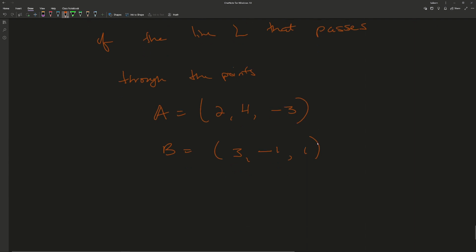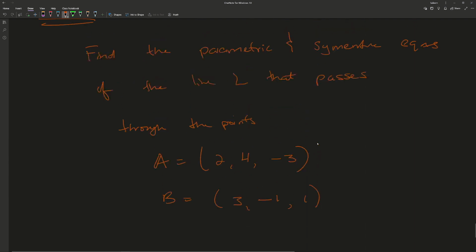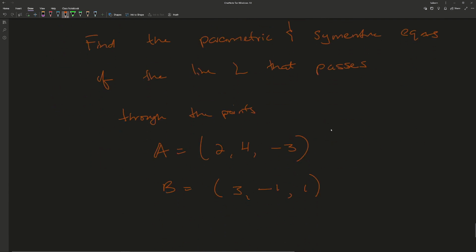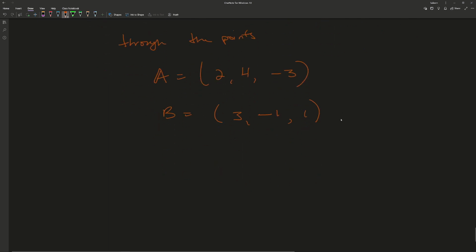So here's the thing. Before we had v, but what is v here? We don't know. We aren't given the vector that is parallel to the line, but we can find it. Okay, so I should have written solution.